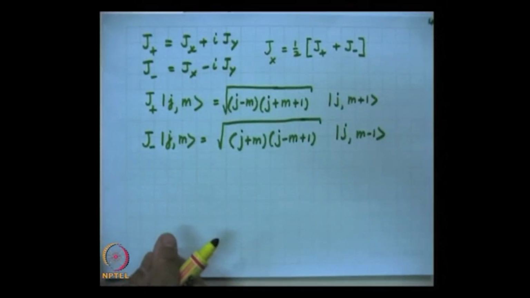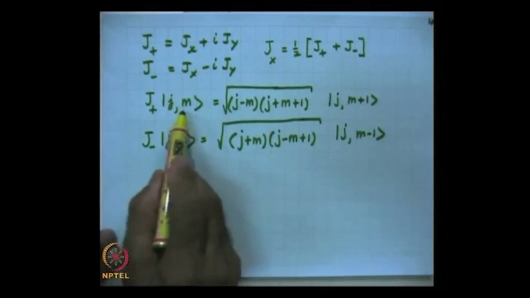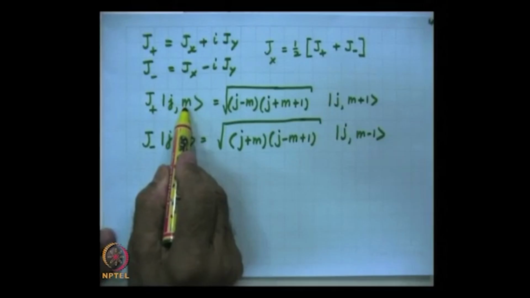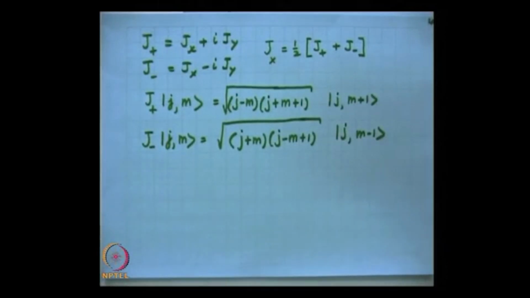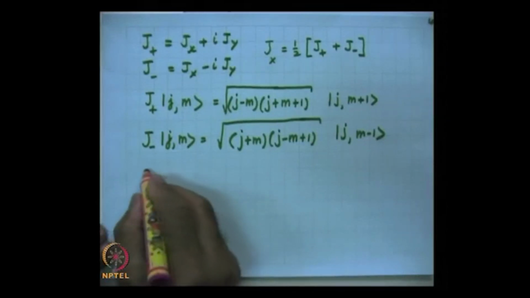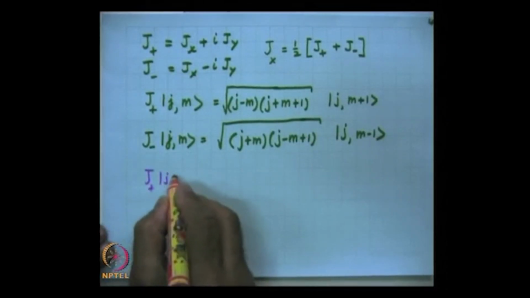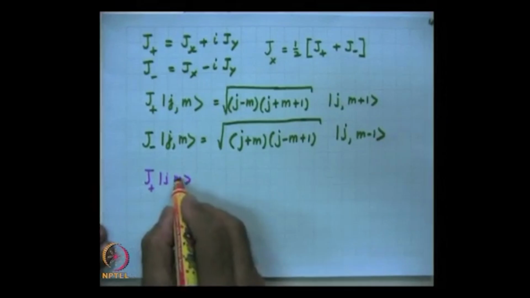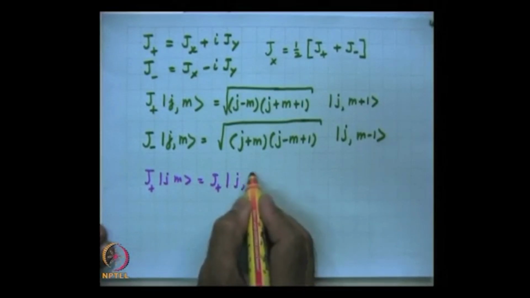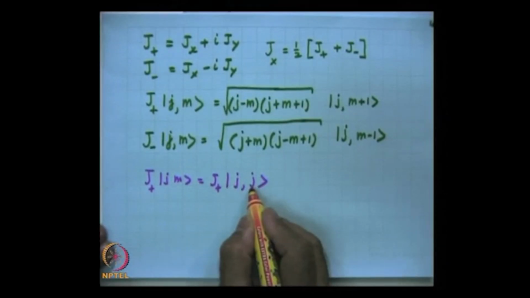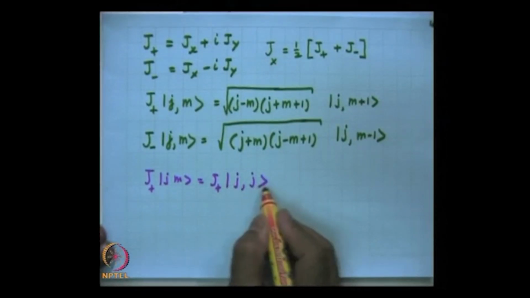The easiest way to remember is that the maximum value of m is j. So, therefore, J plus ket j m with m equal to j, if I assume that, it will become proportional to ket j plus 1, which is impossible.